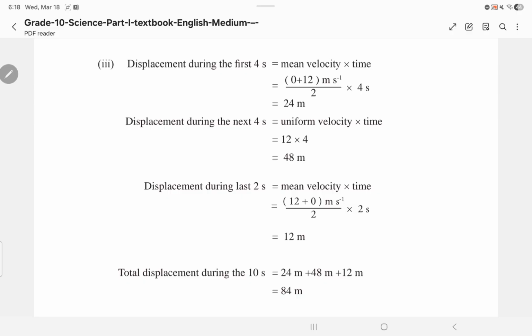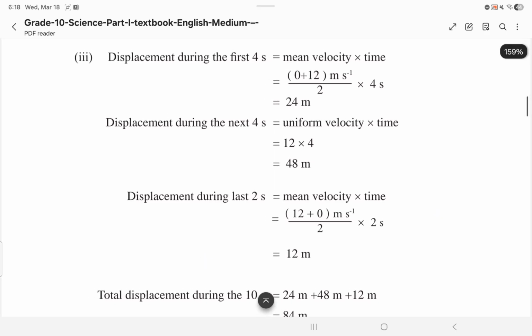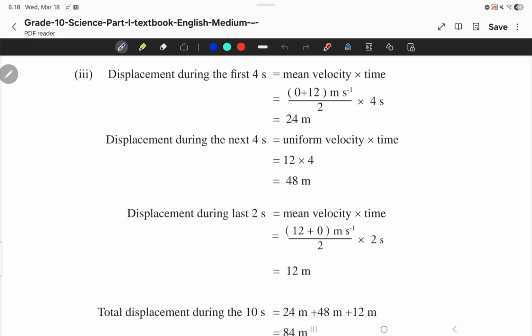Students, as the time is limited, I use the answer sheet. Okay, so when it comes to the displacement, you have to separately go through each case. At first it goes with this acceleration, and then with the constant velocity, and then the deceleration, right?